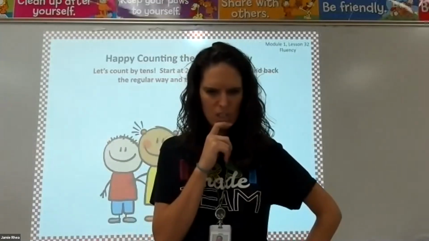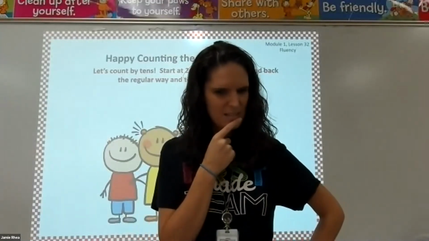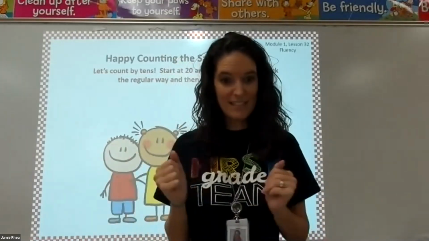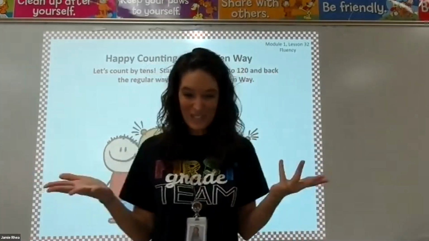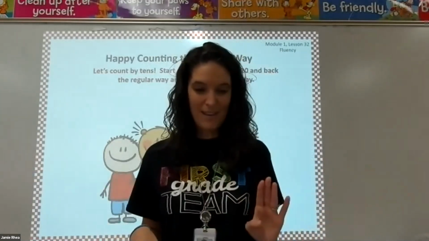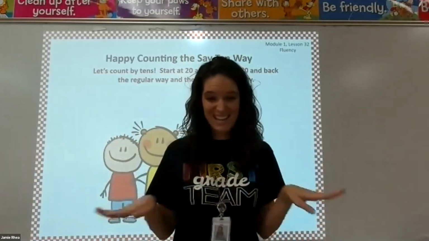Now, how do you think we could do 110? Well, if I just said 10 tens make 100, 11 tens would make 110. 12 tens would make 120. So we're going to keep practicing that throughout the whole year, doing the say 10 way and the regular way. And pretty soon you'll be able to count to 120 without any issues.